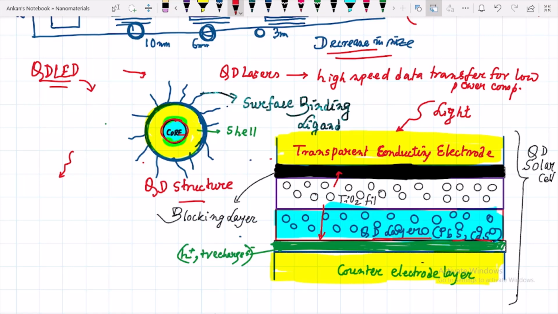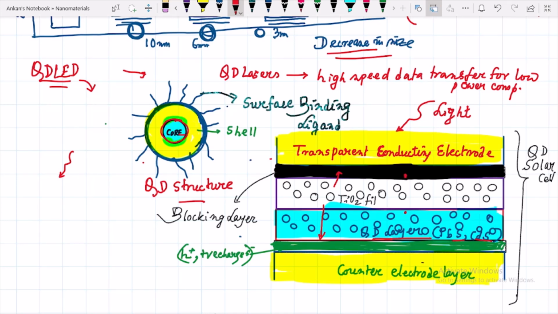But the producibility of electron hole pairs is very low in the normal solar cell, whereas the producibility of electron hole pairs, although at very small energies, is much greater in the quantum dot solar cell.